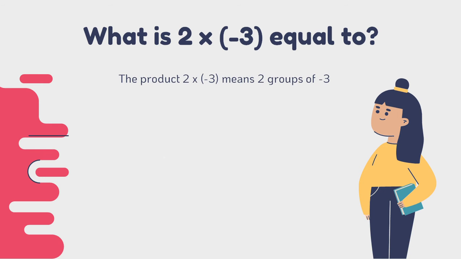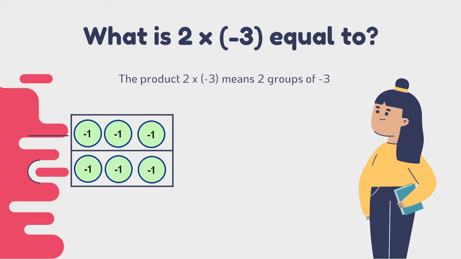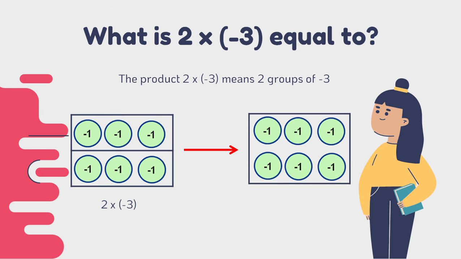The product of 2 times negative 3 means two groups of negative 3. So there are two groups and each group contains negative 3. 2 times negative 3 is equal to negative 6.